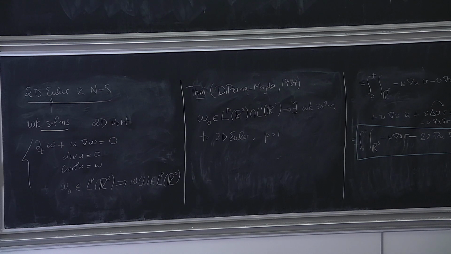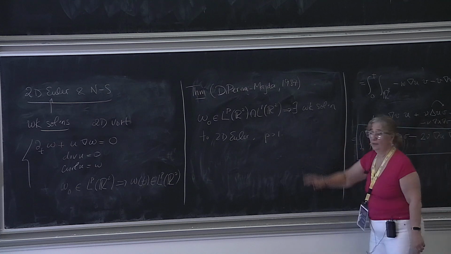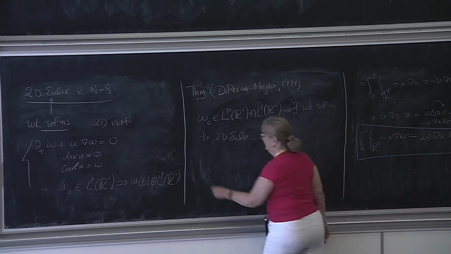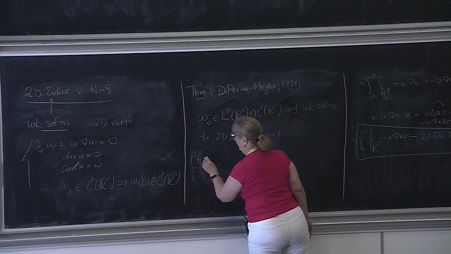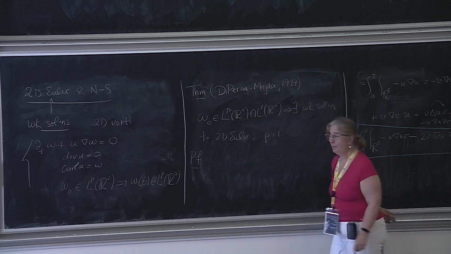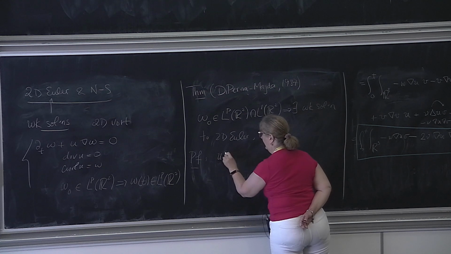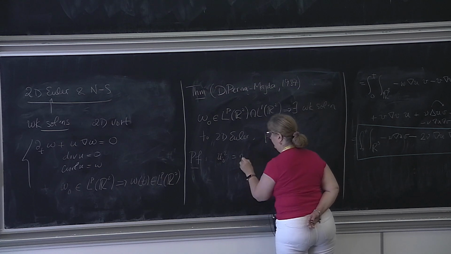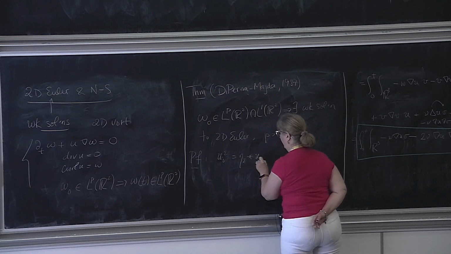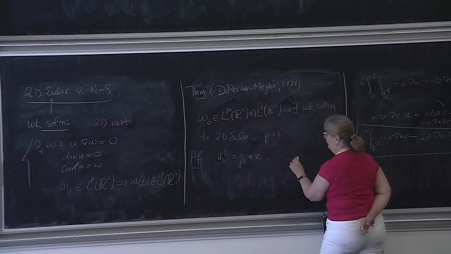You also have a solution if p is equal to 1, but the proof of that is much more complicated, and I don't want to get into it today. Okay? So let me show you in 2 lines how the proof of this goes. You start by mollifying initial data. Take u naught epsilon, mollification of some u naught.